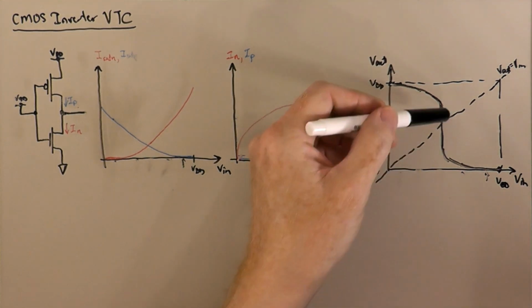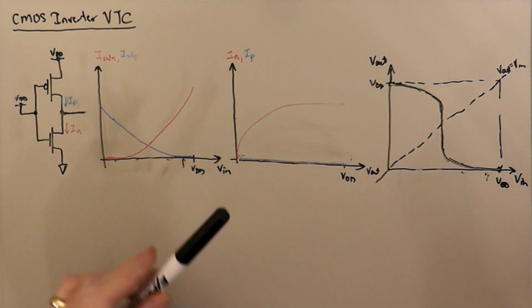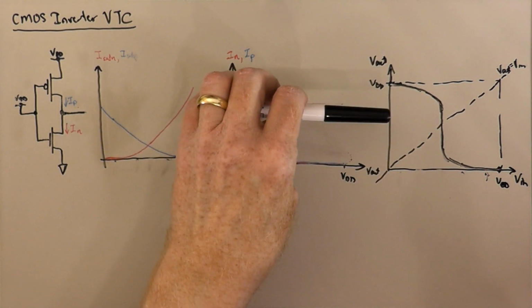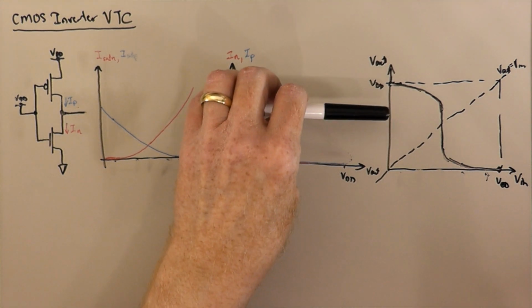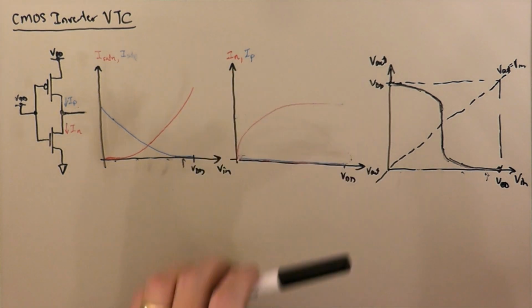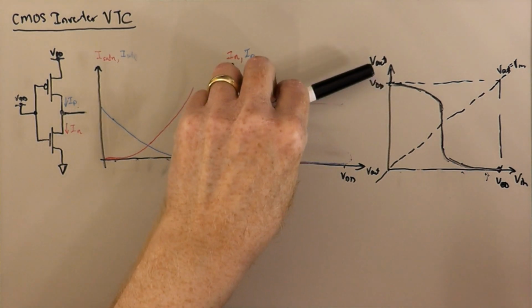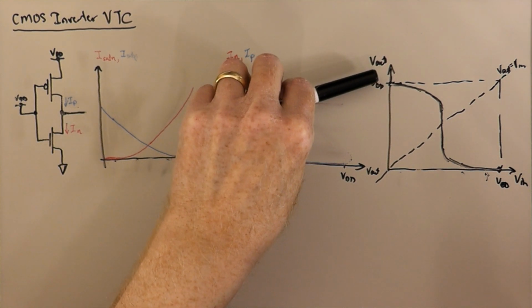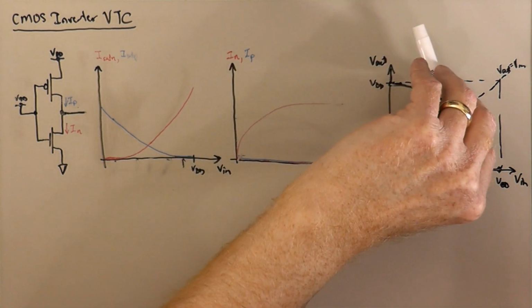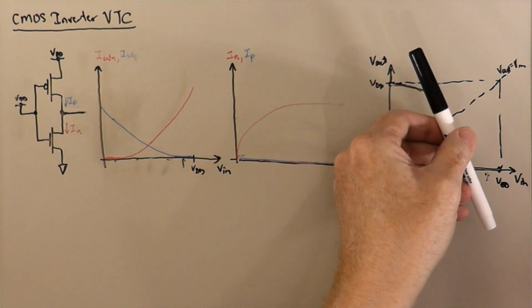And I've drawn this very, very steep here because our drain characteristics were very flat by hypothesis. That's kind of our zeroth order assumption. Now, if they had more of an early effect, so that there was more of a slope in the saturation region, that would make this curve less steep here in the transition region.